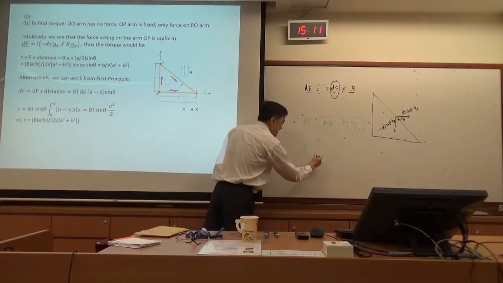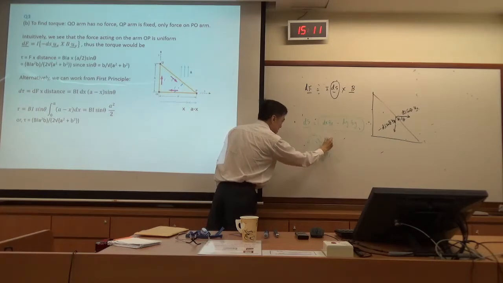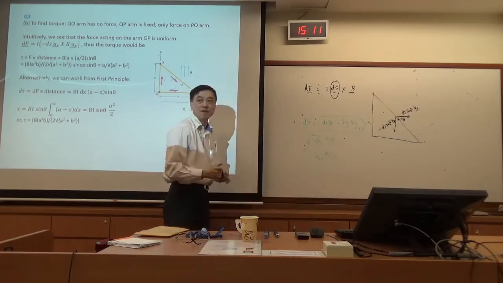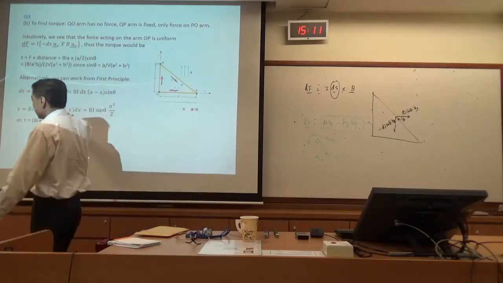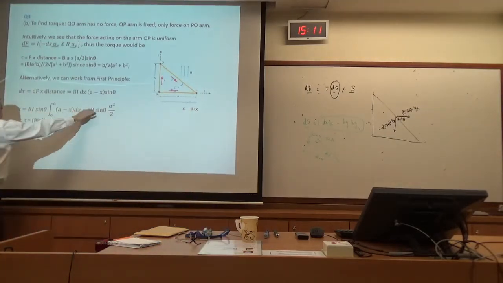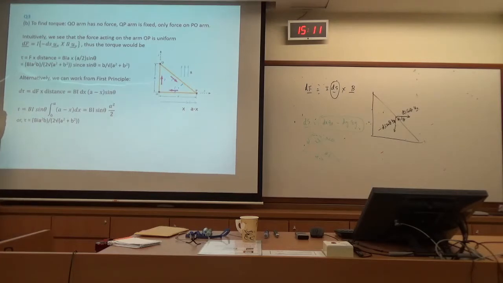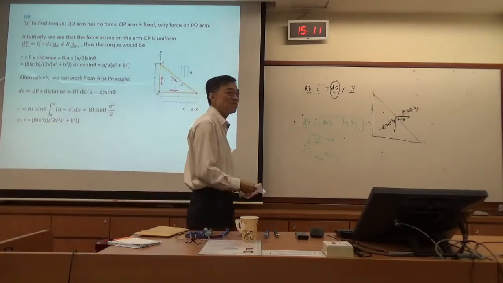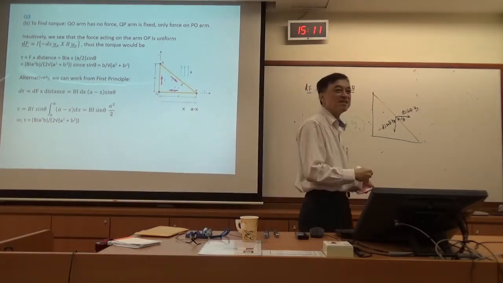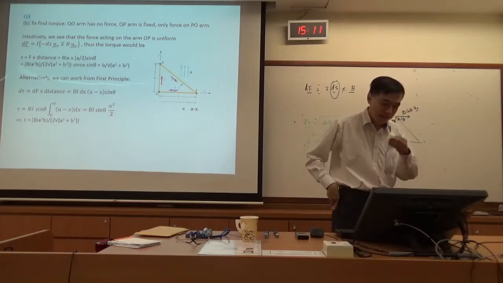This is 90 degrees, this is A minus x, this is theta. Once you get that, you integrate again and then you get the final result. These two questions are a bit more weird because they involve mechanical things also.